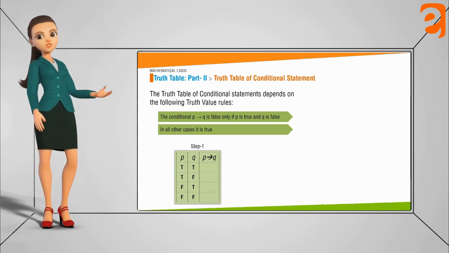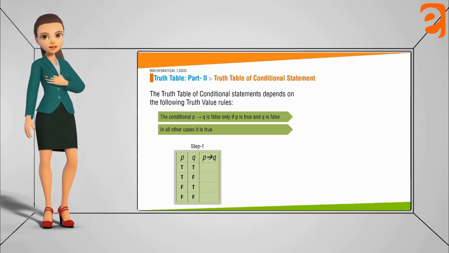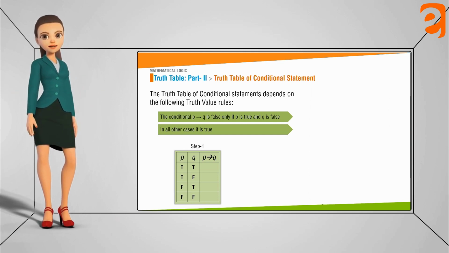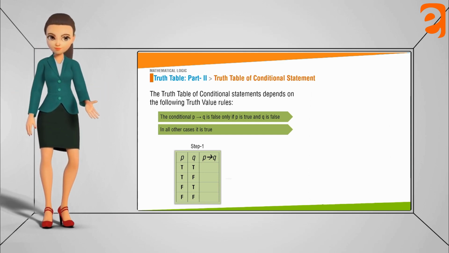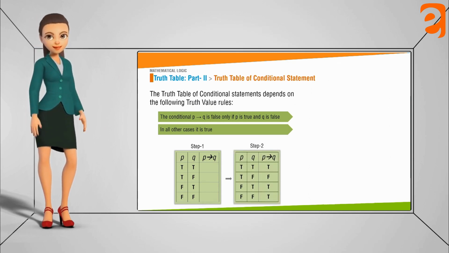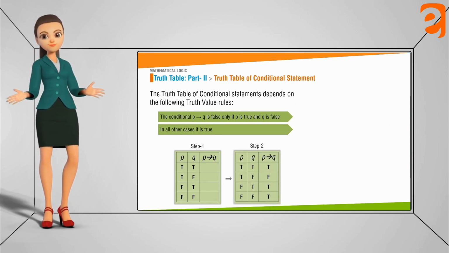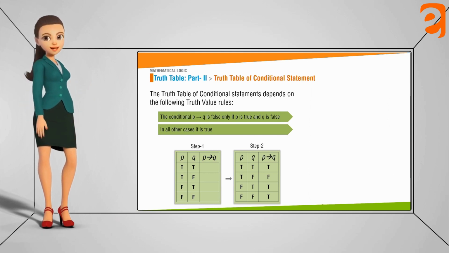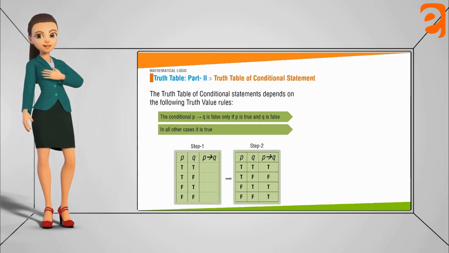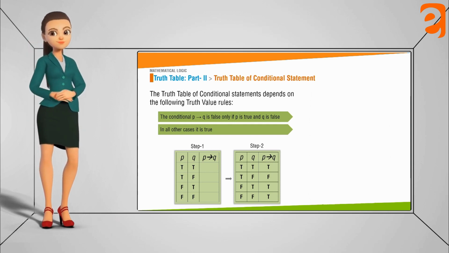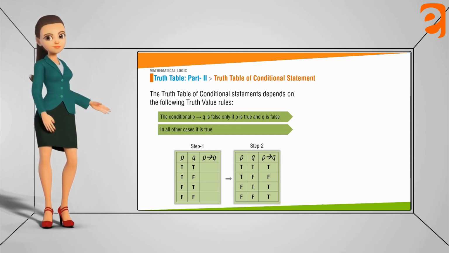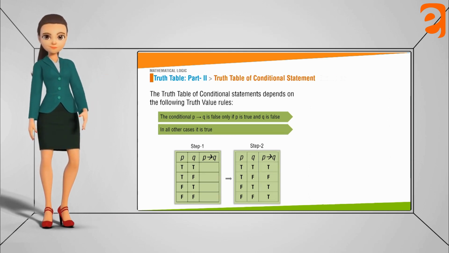So step 1, P and Q with the different truth values T, T, F, F and T, F, T, F. P implies Q is going to be true for T, T, then F, T, and F, F. And it is false only when P is T and Q is false. So this is what we get in the final column.